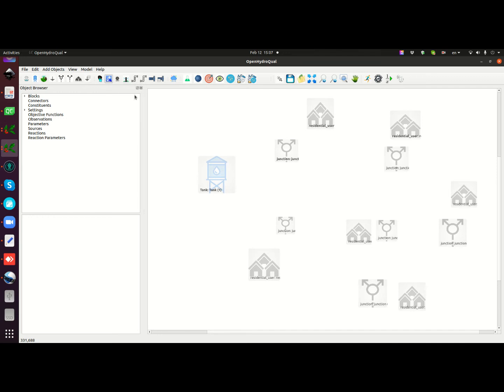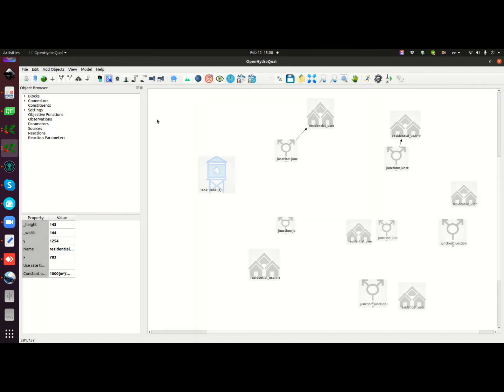So I'm going to pick that one, and then I'm going to connect. Sometimes if I click twice it gives me a hard time, so I need to inactivate and then activate it again, so then I can connect this. I'm going to connect that one and this one.